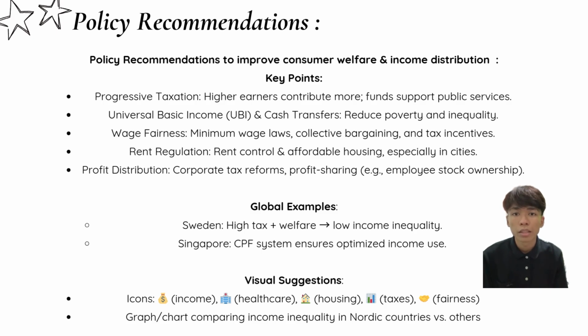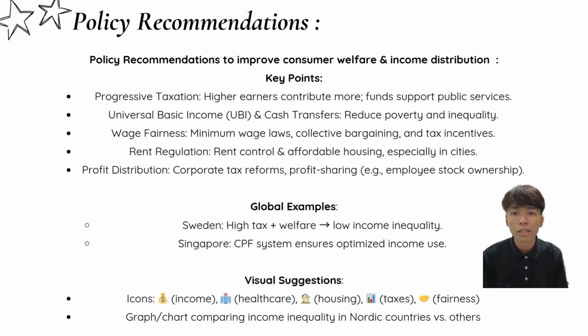The money collected can be used to support public services like hospitals, schools, and social aid for low-income families. Next, programs like Universal Basic Income (UBI) or cash transfers can be given to people in need. This helps to reduce poverty and close the gap between rich and poor.